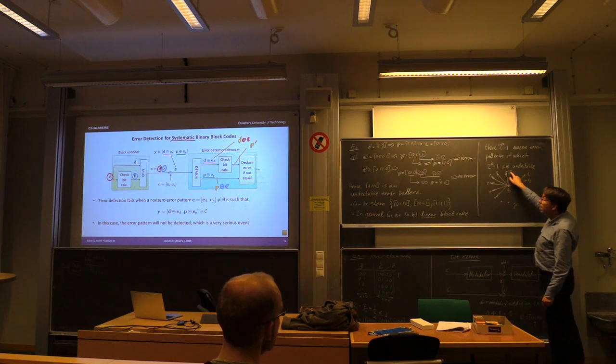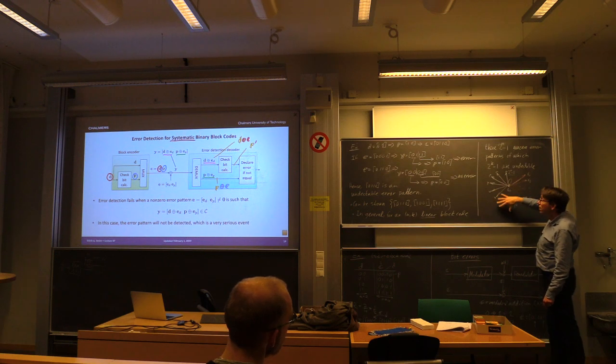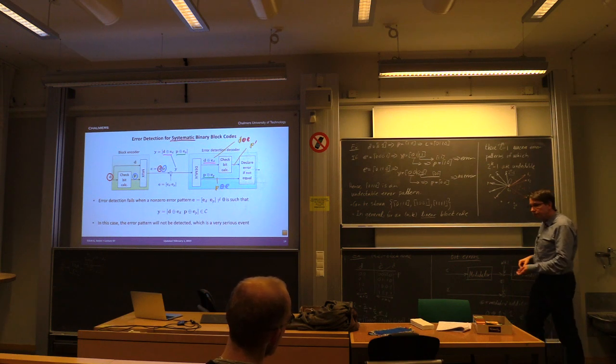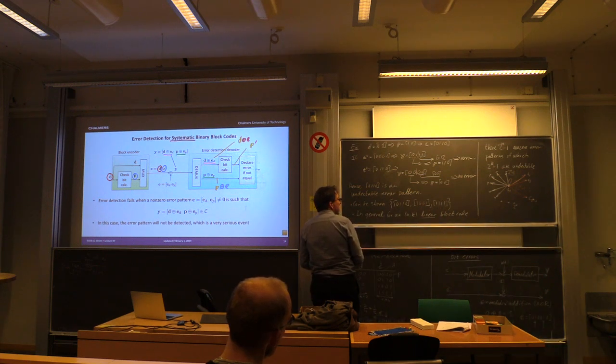So if we make n 12,000 and k 32 or something like that, then there are very many error patterns that we can detect and very few that we can't in comparison. Okay.